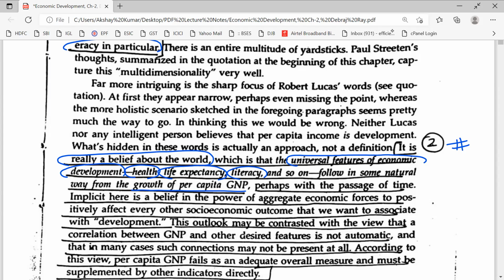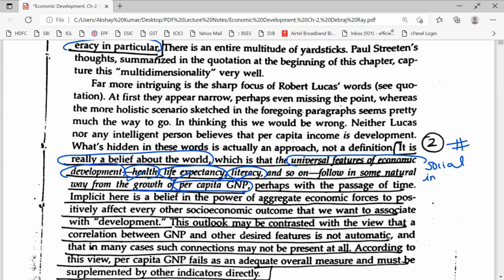An economy whose per capita GNP is very high will have good health facilities, higher life expectancies, good literacy rates, and so on. And good health, higher life expectancy, and good literacy rates will further increase the GNP. So point 2 is telling us that health, life expectancy, literacy, and per capita GNP are reinforcing each other. The social indicators and the monetary indicators are reinforcing each other.